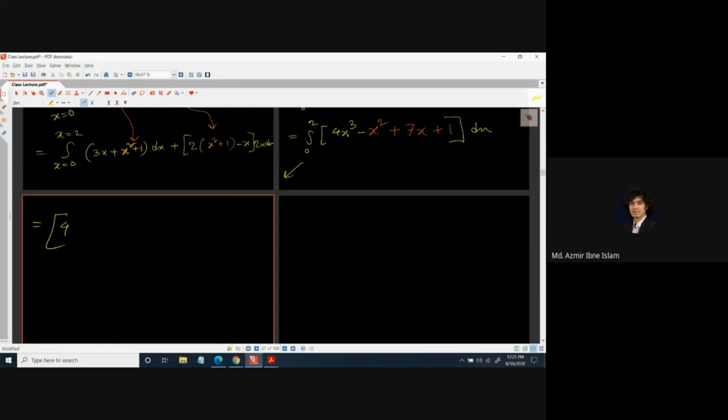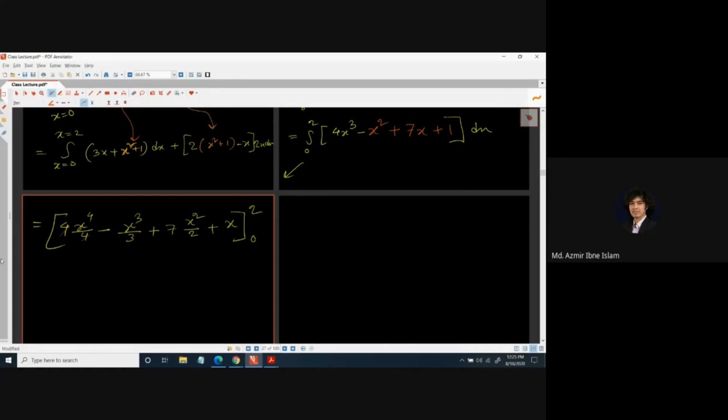Integration of x cube, that is x to the power 4 over 4, x squared, it is x cube over 3. Integration of 7x, so 7 is constant, it will be 7 x squared by 2. Integration of 1 is x, upper limit 2, lower limit 0.